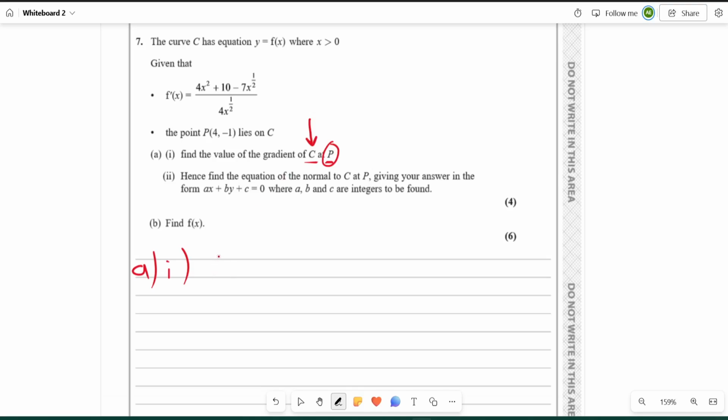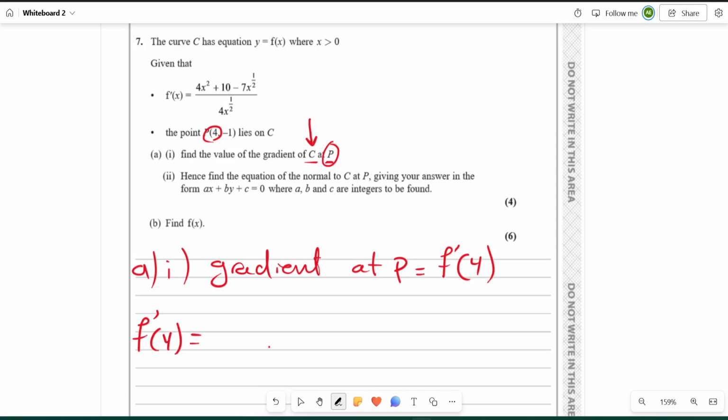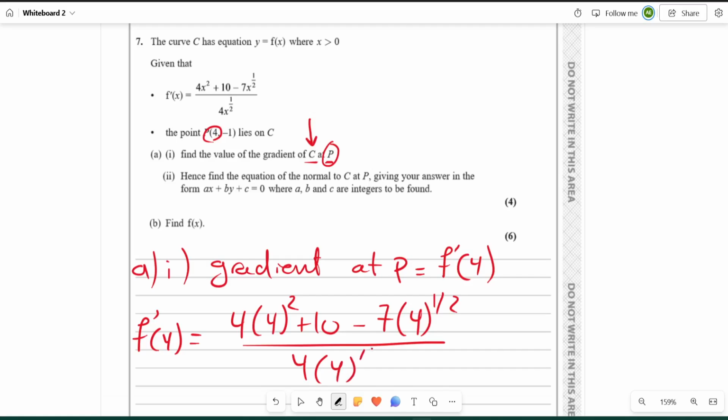So basically, the value of the gradient at P is going to equal f dash of the x at P, which is f dash of 4. So basically, f dash of 4 is going to equal 4 into 4 squared plus 10 minus 7 into 4 power 1 over 2 over 4 times 4 power 1 over 2.